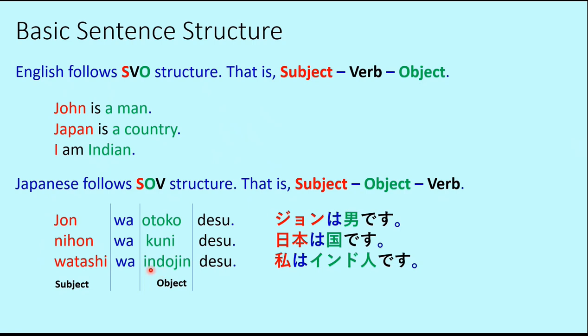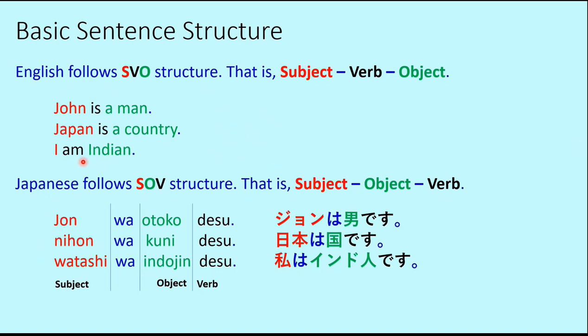So if you remember our katakana and kanji lessons, Indo is India, which we have done in the katakana lesson, and Jin means person or a citizen. So Indojin means an Indian person or an Indian citizen. And then we have the verb desu, which is a form of the to be verb like is, am, are.